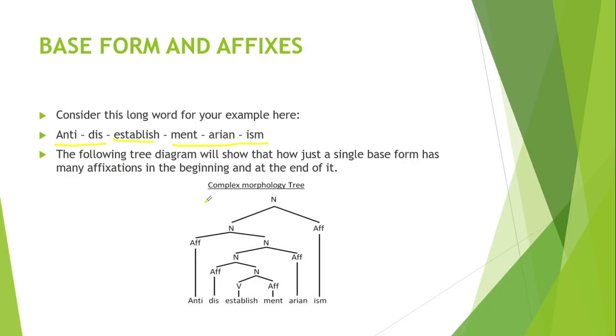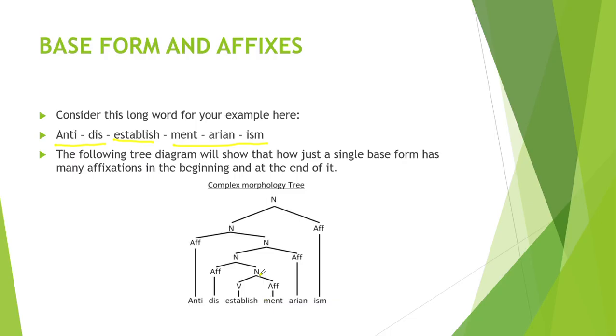The diagram shown is a complex morphology tree. Here you see anti is an affix, dis is also an affix, establish is a verb, ment is an affix, arian is an affix, and ism is also an affix.